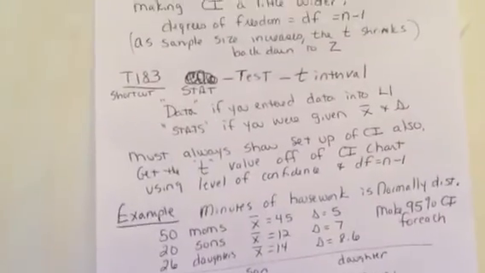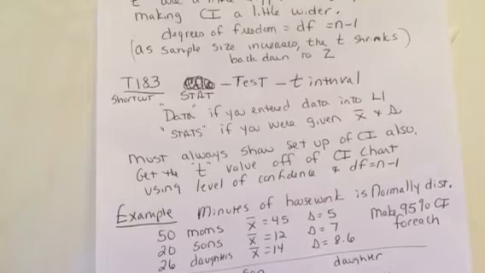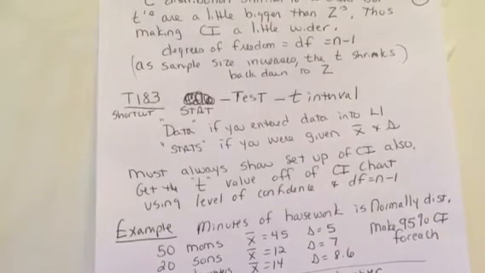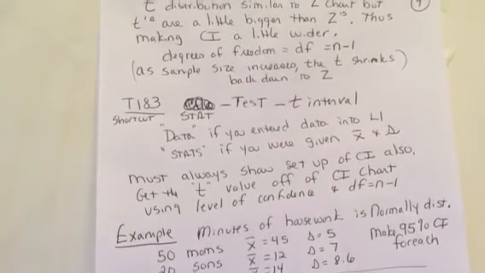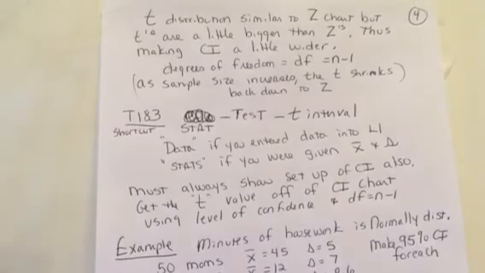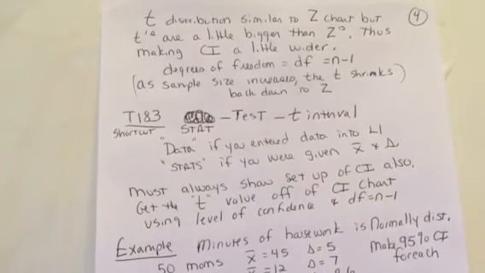To have everything in your notes, I've also included exactly where you're going to go on your TI-83 for a shortcut. You're welcome to work these formulas out the long way, but I highly encourage you to learn the shortcuts on your calculator. So you'll go to Stat, Test, T-interval. You'll have to choose whether you have data.